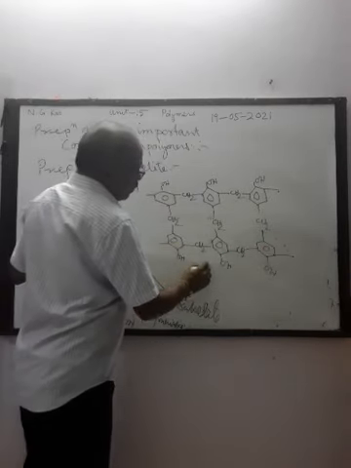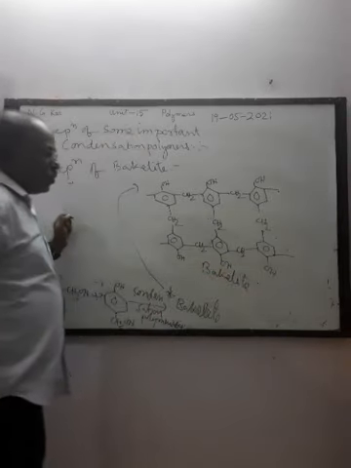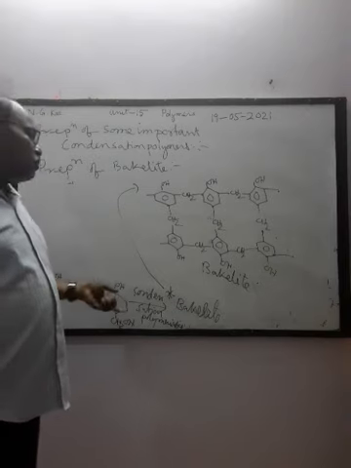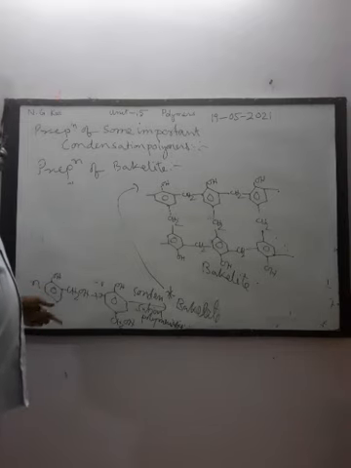So this is the structure of bakelite, which is a cross-linked polymer formed from condensation polymerization of orthohydroxybenzyl alcohol and parahydroxybenzyl alcohol.